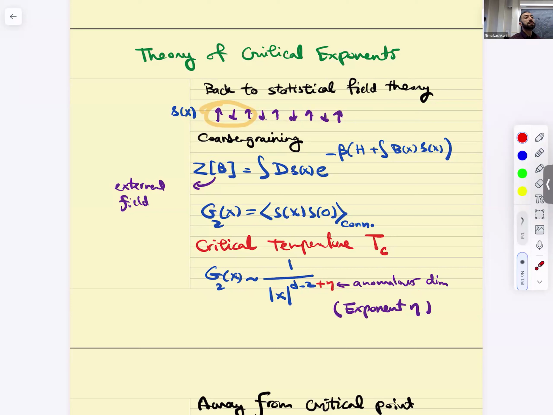What does this mean in our field theory language? It's an indication of an interacting fixed point in the IR. When you do an experiment and you see the two-point functions showing scaling behavior with some anomalous dimension, that means that in the infrared you have a fixed point that's interacting.